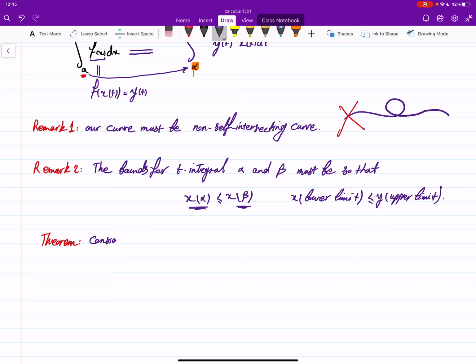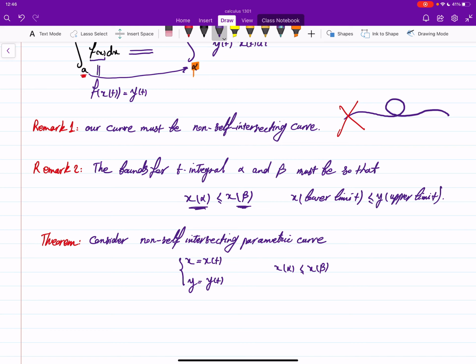Consider a non-self-intersecting parametric curve defined by a set of equations x equals x of t, y given by y of t, and x at alpha is less than x at beta.